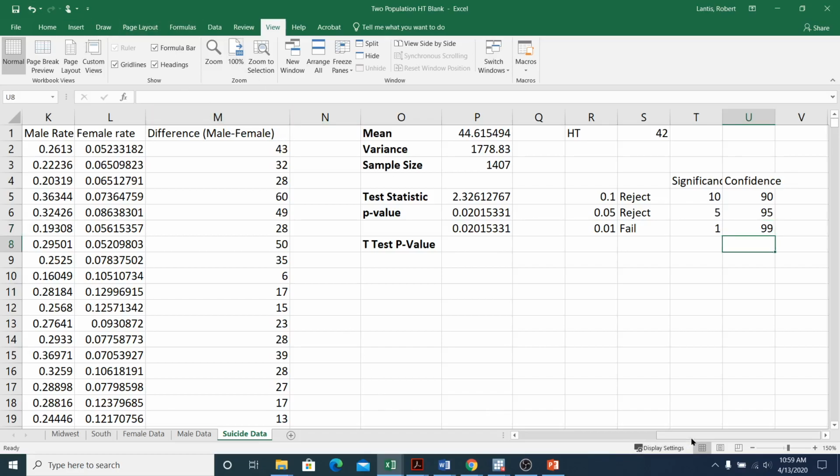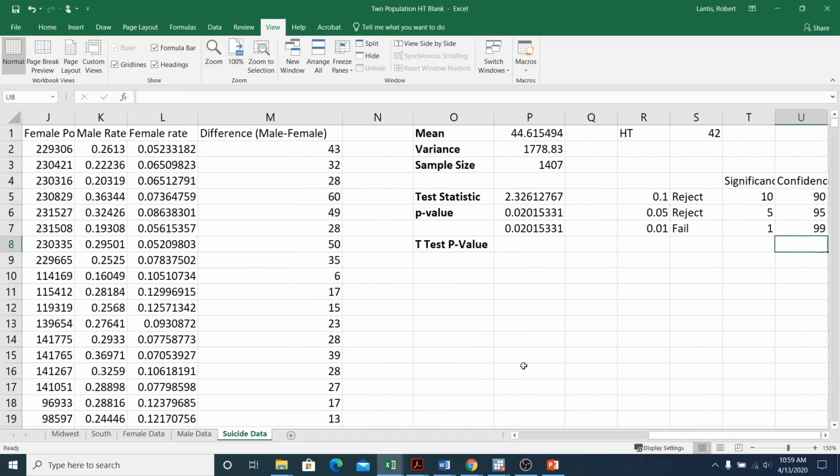Okay, so that's all good and well. We talked about one thing last Excel video, that we could use a shortcut, so I don't have to calculate the test statistic and then use the t.dist. I can actually use a shortcut. When we're doing it with two sample means, we use this t.test.